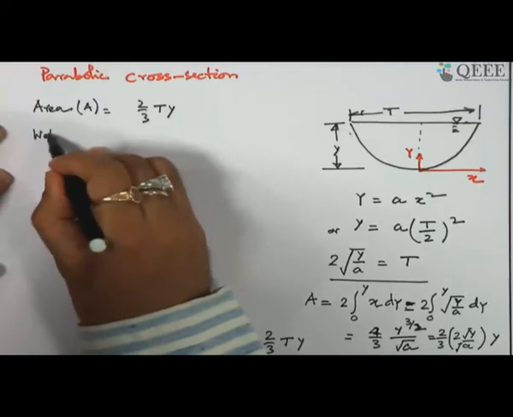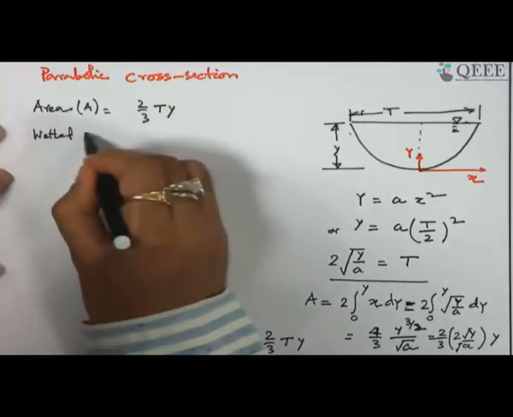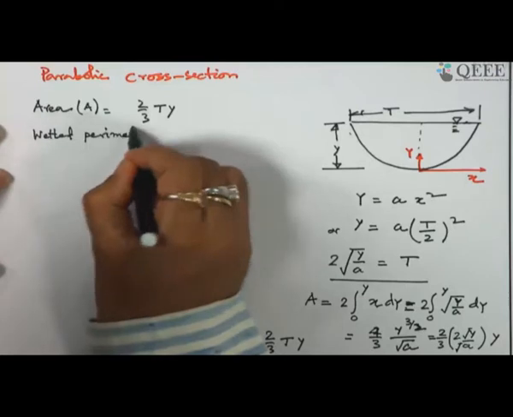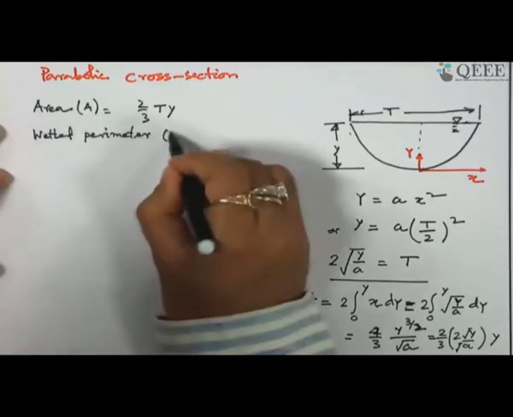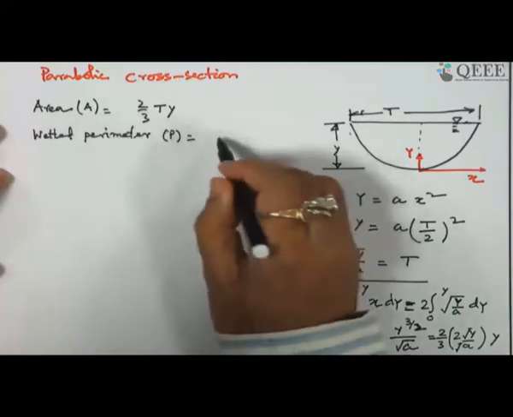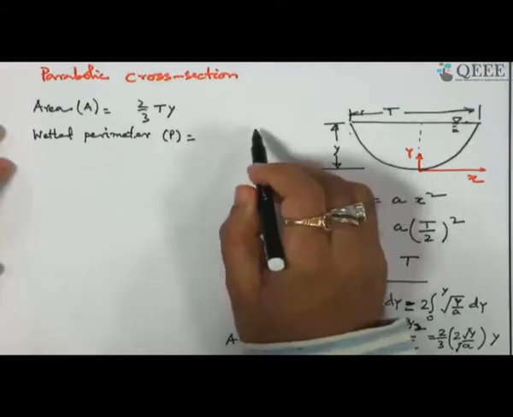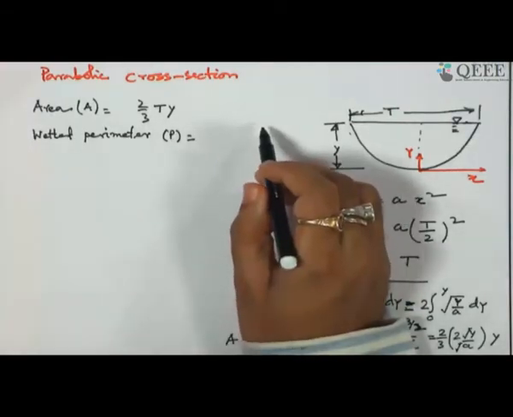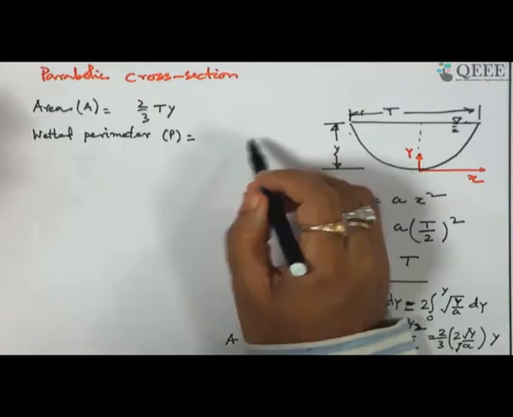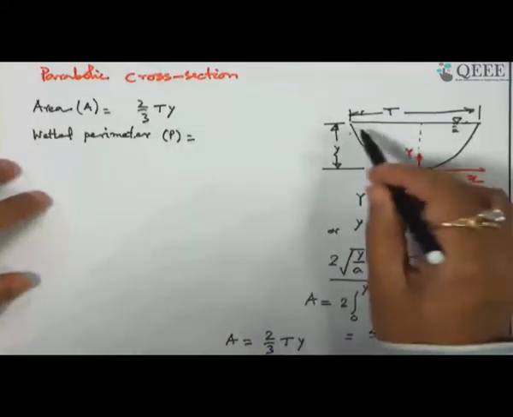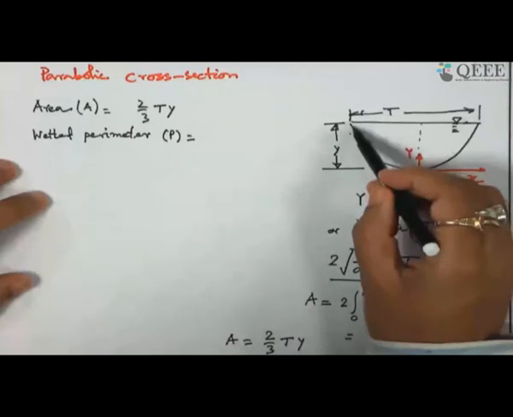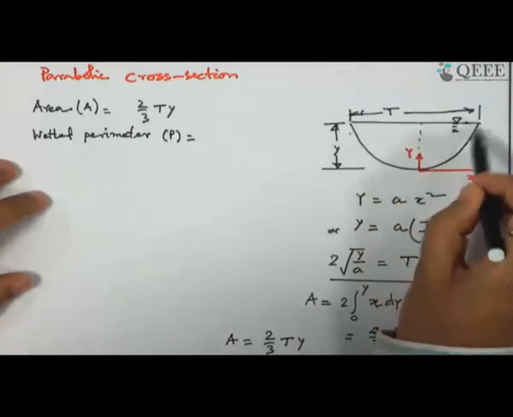Wetted perimeter is the most important part here because it is mostly implicit in nature. Why? Because in this case we need to determine the length of this curve.